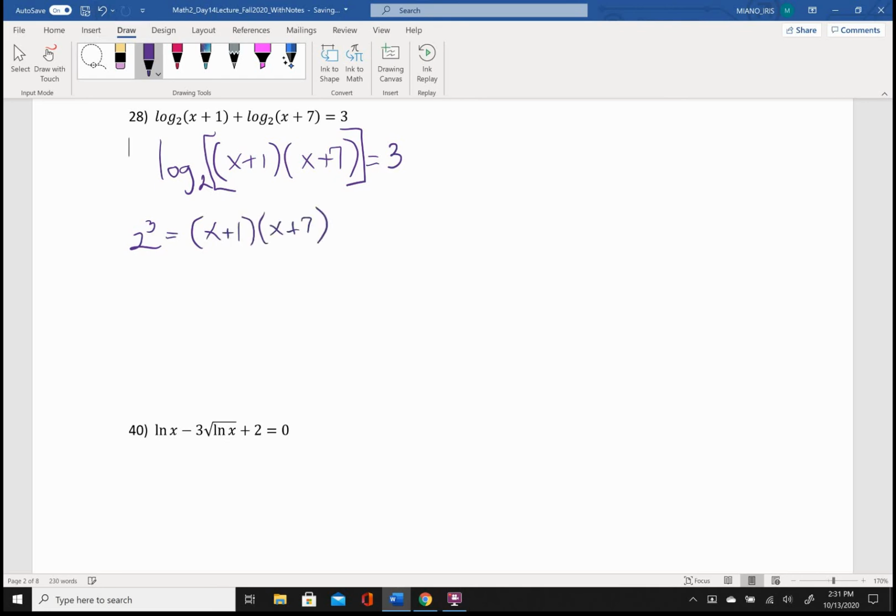Again, now we've got something super familiar. We've got 8 equals x squared plus 8x plus 7. Subtracting 8 from both sides.